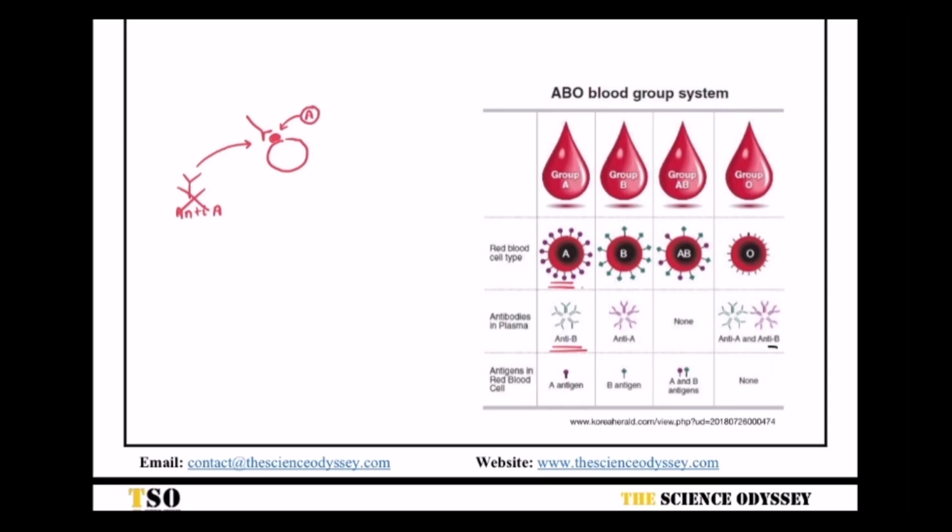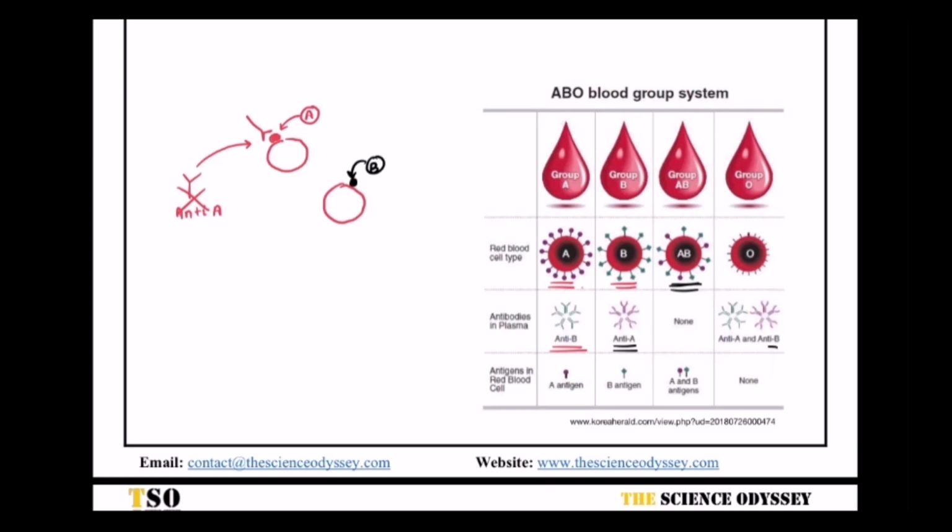Now, similarly, when the blood group is B, when the red blood cell has the B-type determinant on the RBC, then you cannot have the anti-B. You need to have the anti-A. Again, the same thing: anti-B would interact with the B determinant and destroy the RBC. But what happens when you have both A and B?